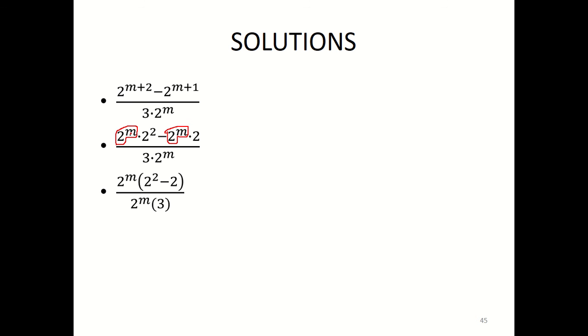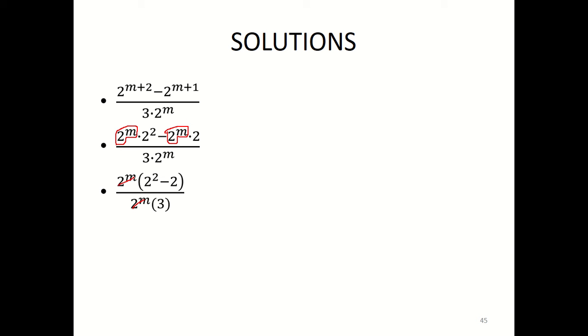I'll be left with, over here, if I take this 2 to the exponent of m out, I'll be left with 2 squared. Hence, we have 2 squared. If I take this 2 to the exponent of m out, I'll be left with 2. That's why I have 2 over there. In the denominator, I just took the 2 to the exponent of m as a first factor, and I just put the 3 in brackets so that you don't get confused.